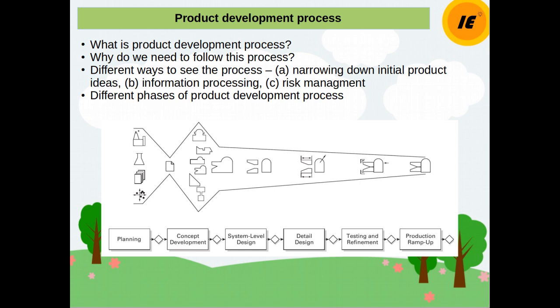Finally, a third way to think about the development process is as a risk management system. In the early phases of product development, various risks are identified and prioritized. As the process progresses, risks are reduced as the key uncertainties are eliminated and the functions of the product are validated.